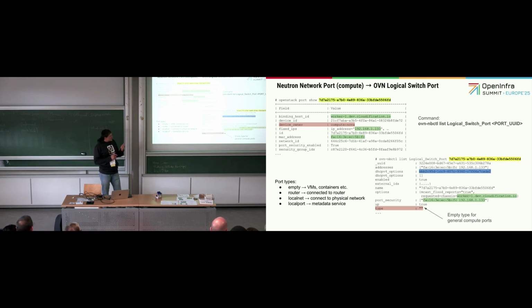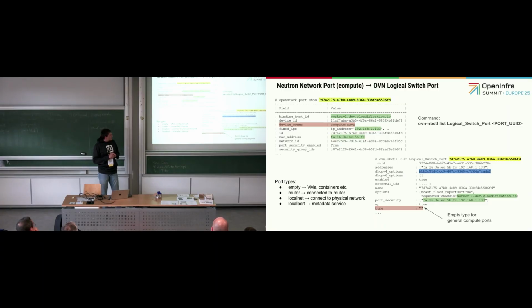The router ports are connected to the virtual routers. The localnet ports are used when you use a provider network, so they end up in a patch port in your OVS in the end. And the local ports are a special type of port. They are dummy interfaces, let's say, which are created everywhere on all of your nodes in the cluster.